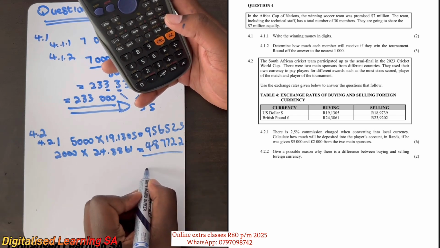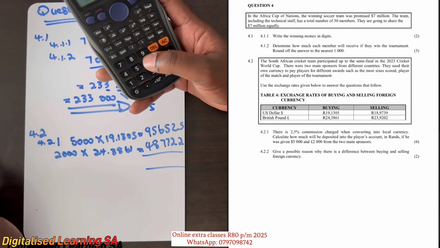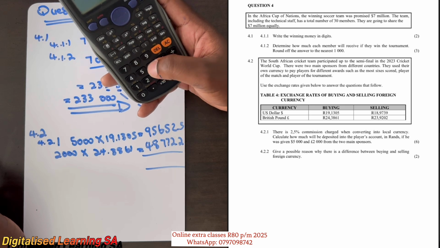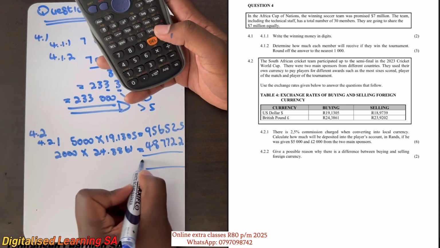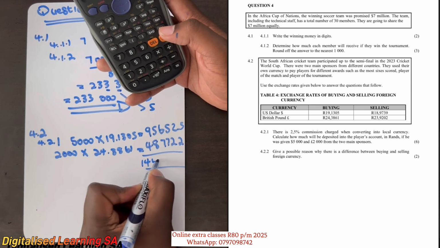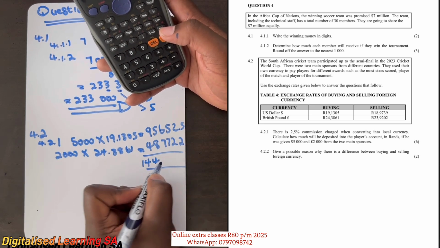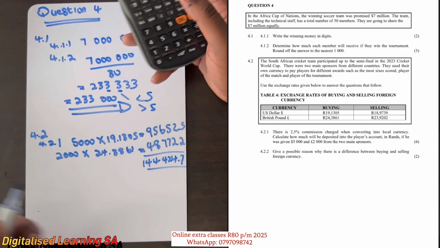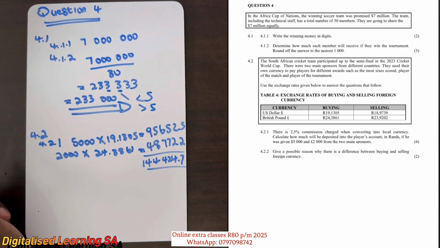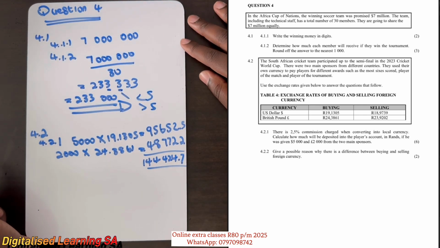So our total is going to be 95,652.5 plus 48,772.2. So our total will be 144,424.7.